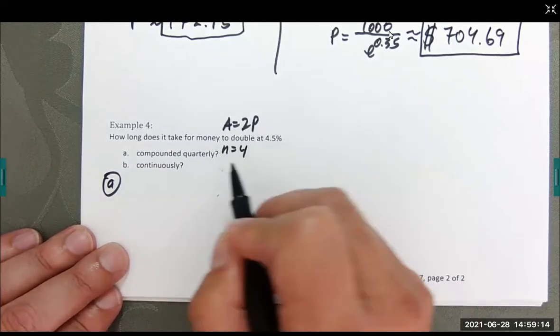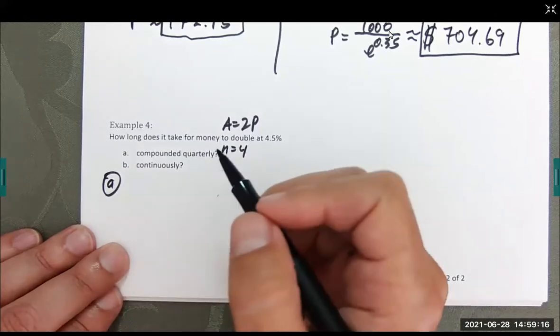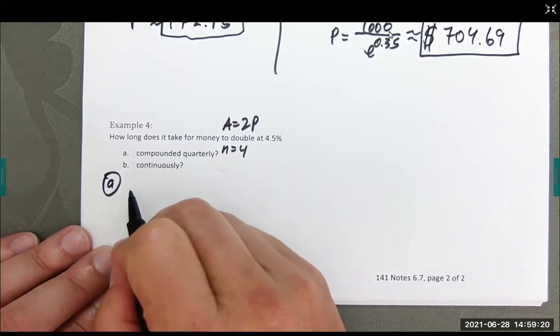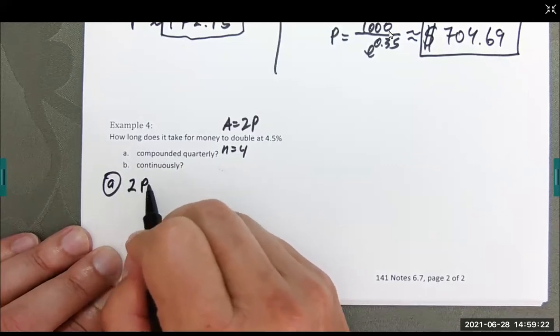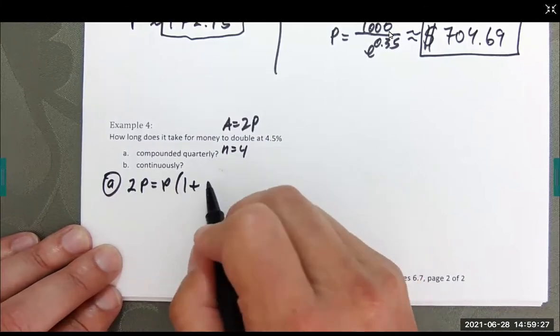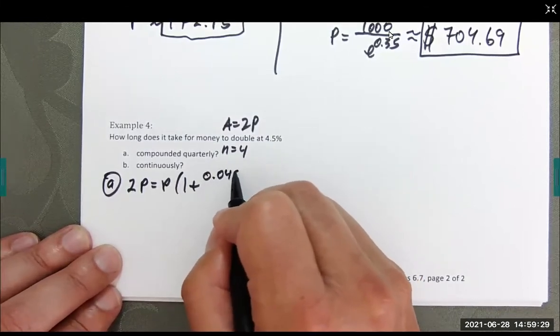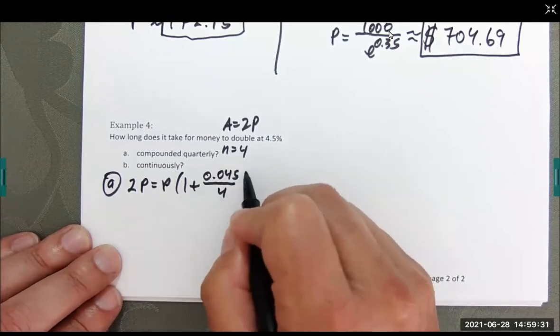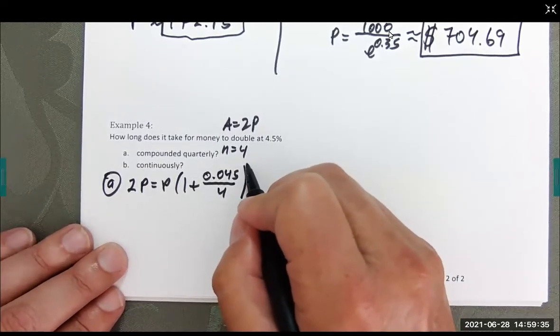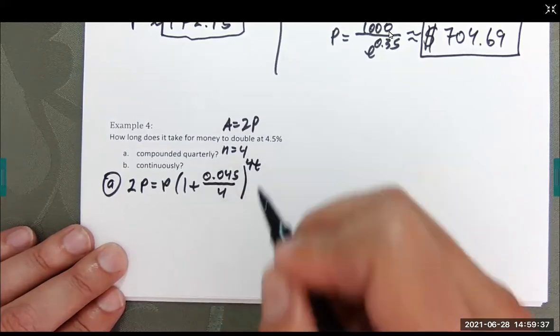A quart, like a quarter, or cuatro in Spanish. All right, so we are going to get 2P equals P times (1 plus r, which is 0.045, over n, which is 4) raised to the nt, that's 4t power.